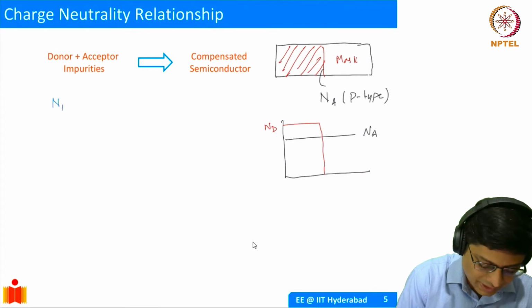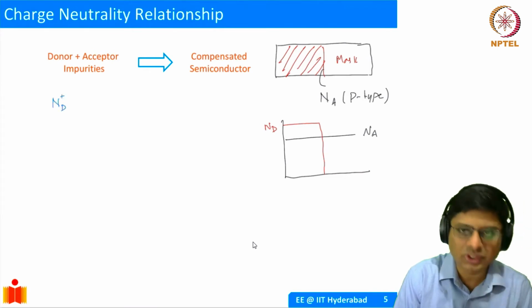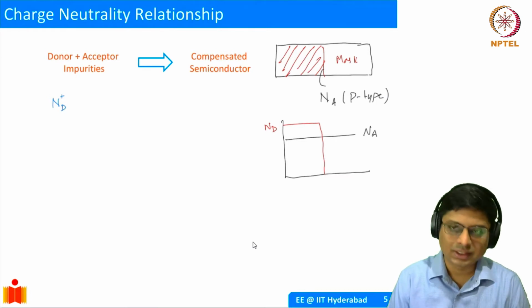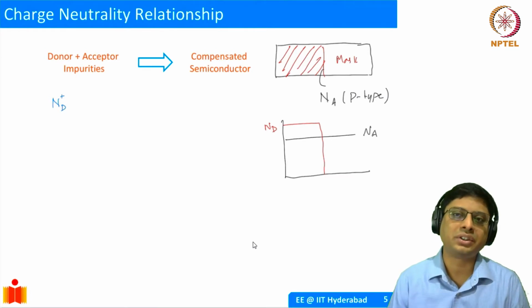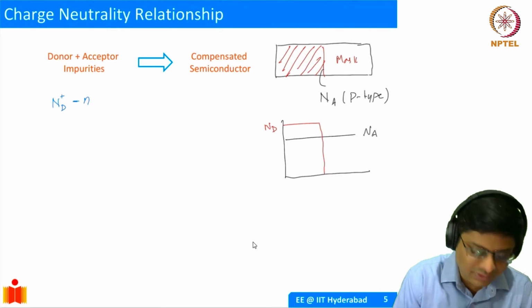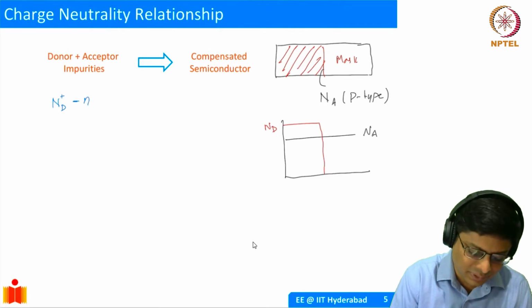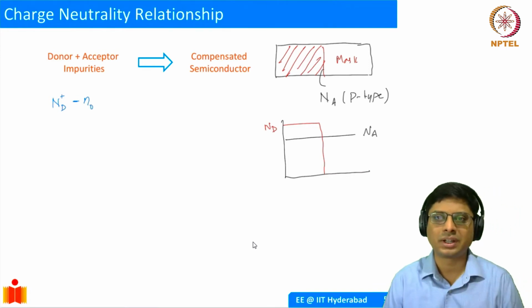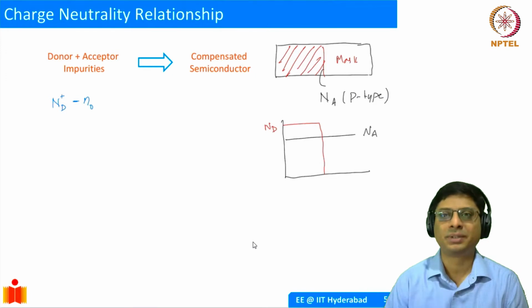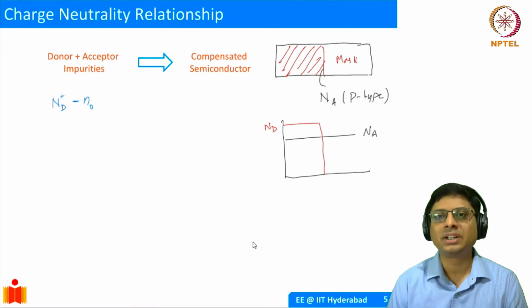So basically you have Nd, and to say that it is positive, I put a superscript positive, and you are introducing an electron into the lattice which is negatively charged, so I'll put a minus n, or taking the equilibrium concentration, minus n naught. Now this is with the donor impurities. What happens with the acceptor impurities? Acceptor impurities accept electrons from the lattice, so they become negatively charged.